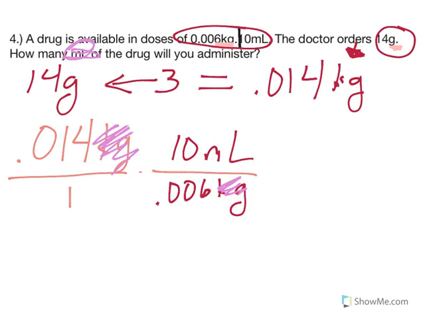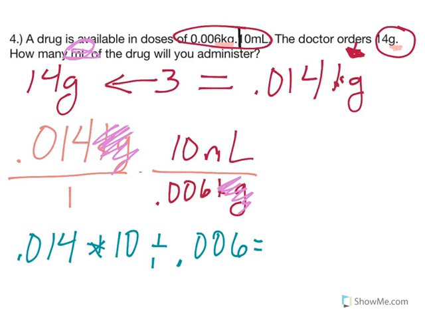So my kilograms go away. When I do that math, I start with the 0.014, multiply by the 10 because it's on top, and then divide by 0.006. When all the math is said and done, I've got 23.33 milliliters.